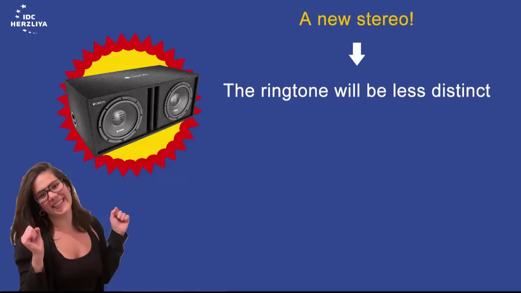And now for the real story, your chance to practice what we've learned today. Let's say Shira is out buying a new, big, huge stereo with a subwoofer and everything. Now the music will be much louder. What will happen? Well, the ringtone will be less distinct.